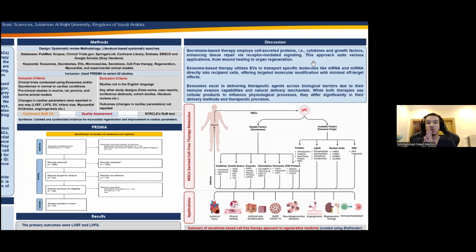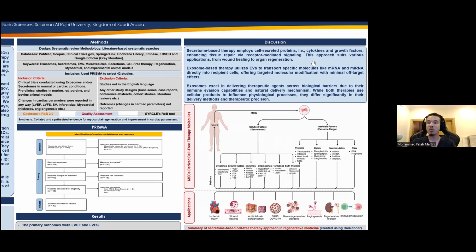On the other hand, exosome-based therapy utilizes extracellular vesicles to transport specific molecules like mRNA and miRNA directly into the recipient cell. So it is a target-mediated medication, offering targeted molecular modification with minimal off-target effect. Exosomes excel in delivering therapeutic agents across biological barriers, such as the blood-brain barrier, due to their immune evasion capabilities and their delivery mechanism nature.